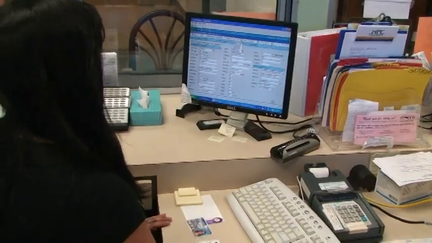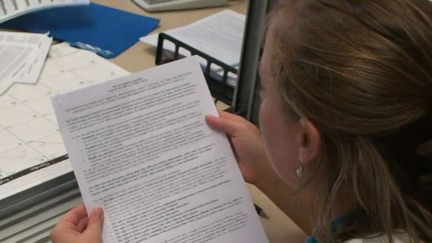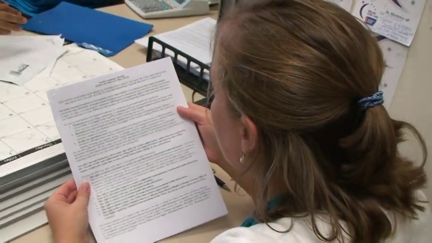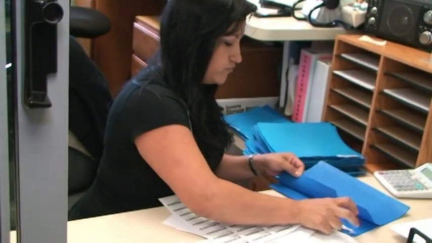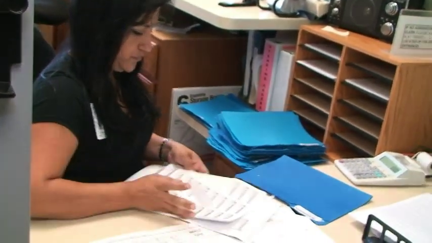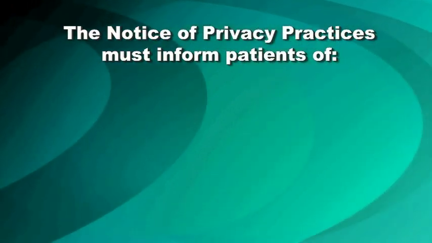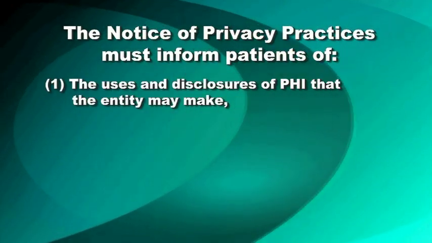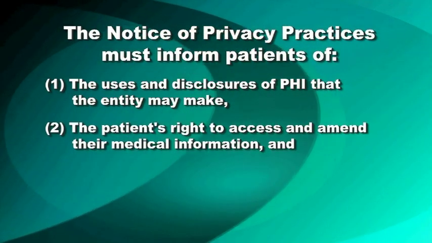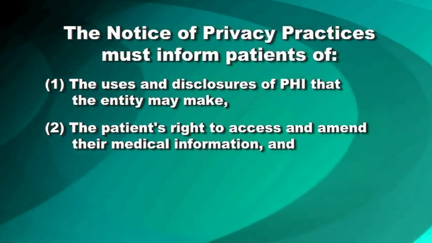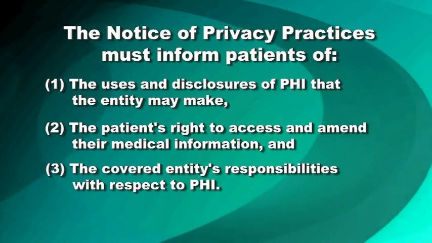The privacy rule requires a covered entity to provide patients with a Notice of Privacy Practices, or NPP, and make a good faith effort to obtain a patient's written acknowledgement of receiving the NPP. The Notice of Privacy Practices must inform patients of the uses and disclosures of PHI that the entity may make, the patient's right to access and amend their medical information, and the covered entity's responsibilities with respect to PHI.